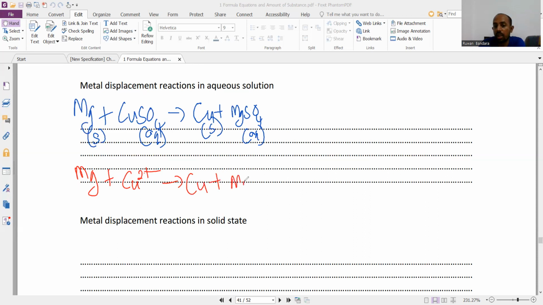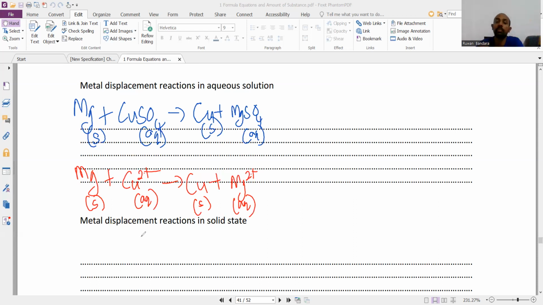Now, if it comes like this, you can clearly see what will happen to the electrons. I think you can say it, but still I prefer to say it in terms of oxidation numbers. So, what are the observations here?